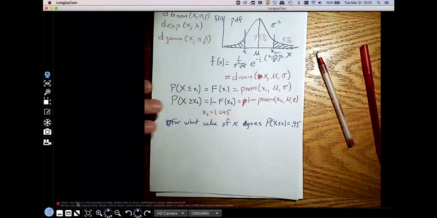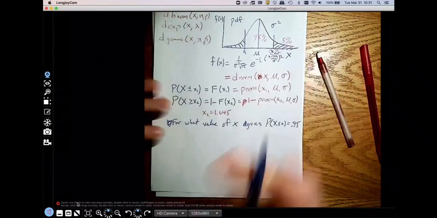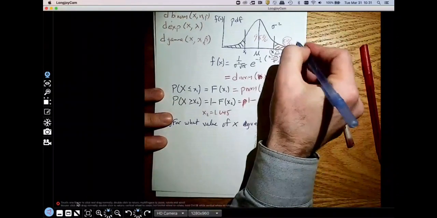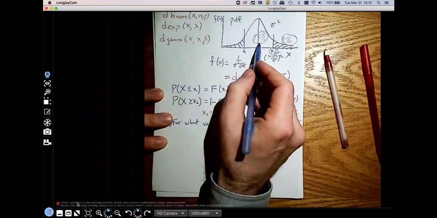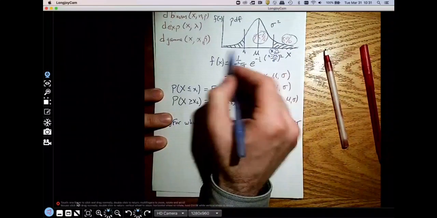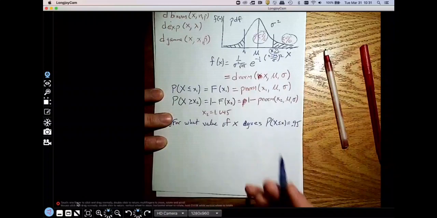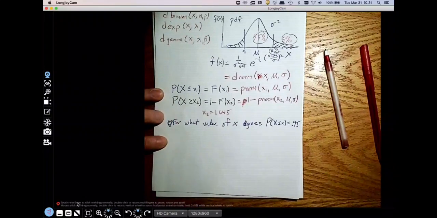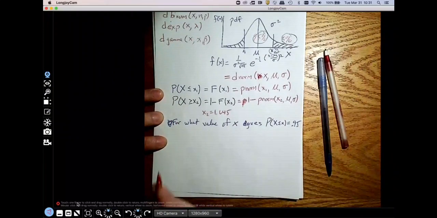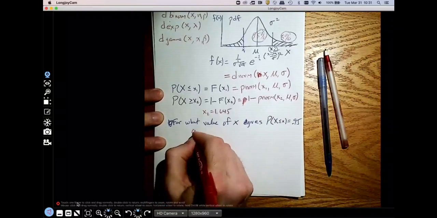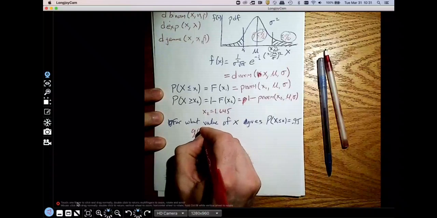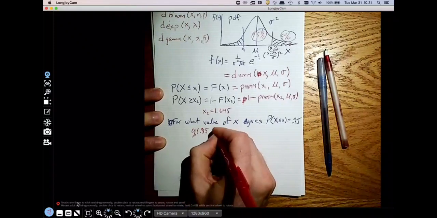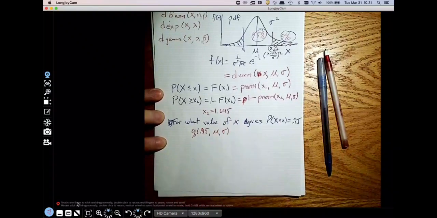Notice what I'm doing: I'm giving you this probability. I want 95% of the area to be to the left of some value, because I'm just inverting the CDF. Well, the answer in R is to use the q functions. So qnorm of 0.95, with a mu and a sigma, will give me that x value.